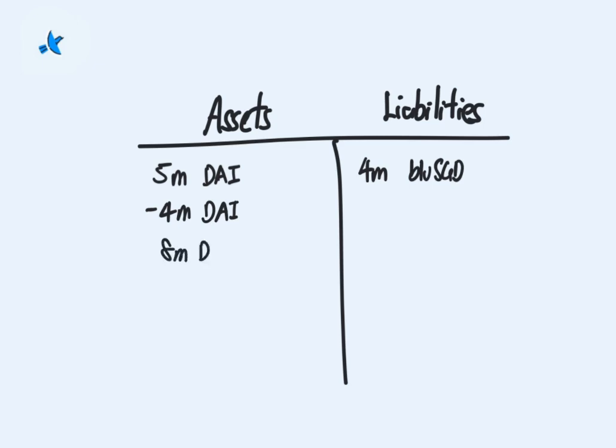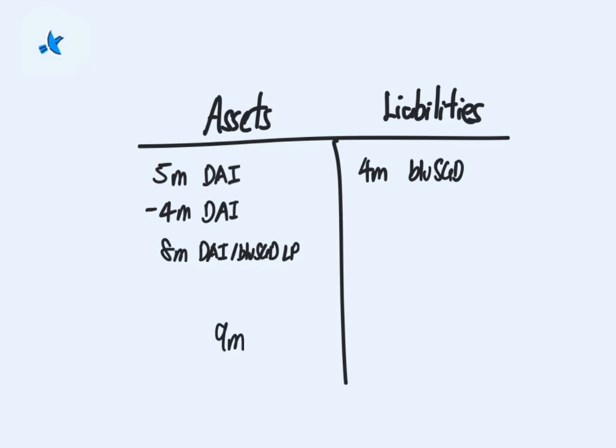So we will now add it to our assets: DAI, BlueSGD, LP token. From before, you can see that the asset side was only 5 million. Now, the total is actually 5 minus 4 plus 8, with a total of $9 million on the assets.